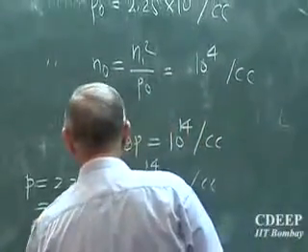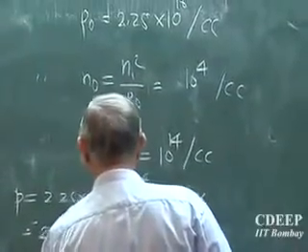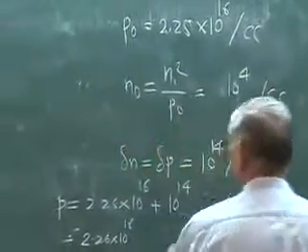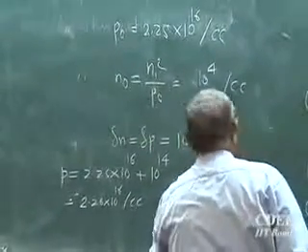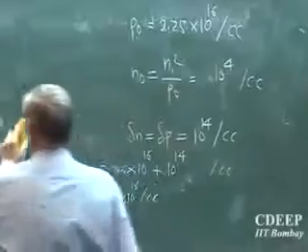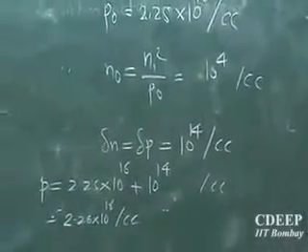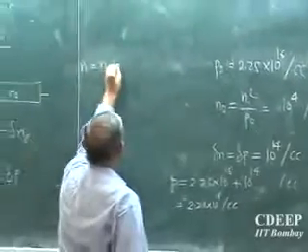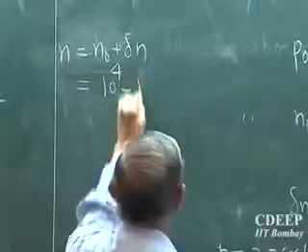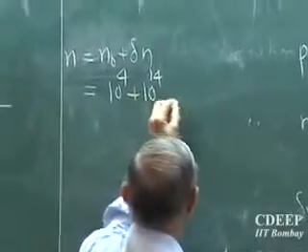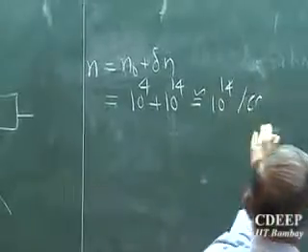If I add, this becomes 2.26 times 10 to the power 16 per cc. But what happens to n? n is equal to n0 plus delta n, 10 to the power 4 plus 10 to the power 14, which is 10 to the power 14 per cc.